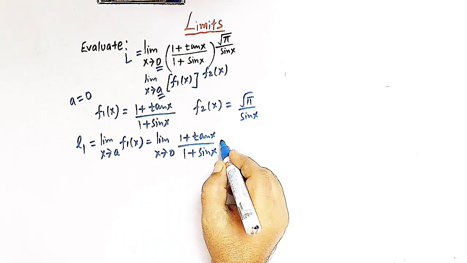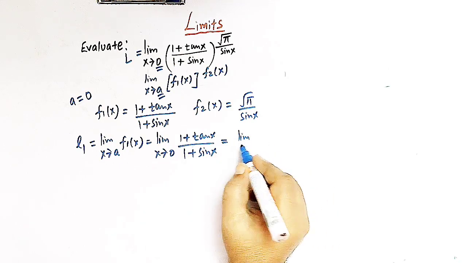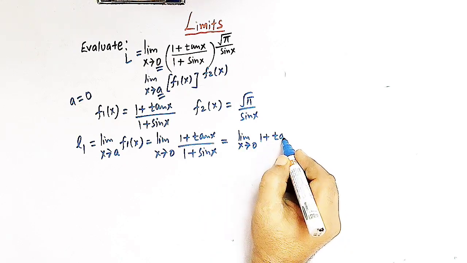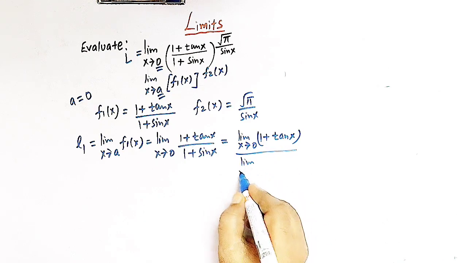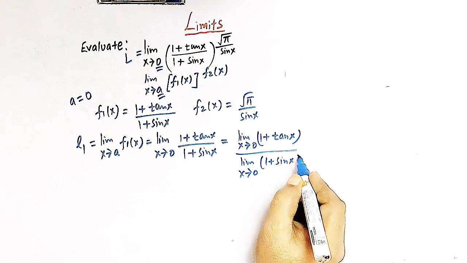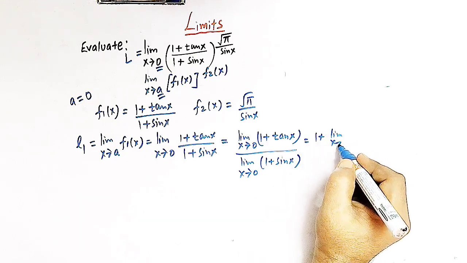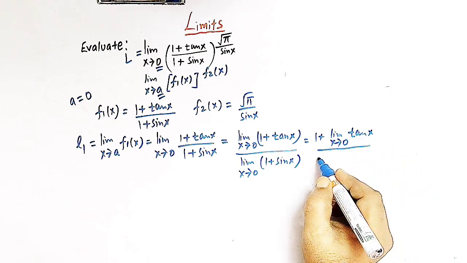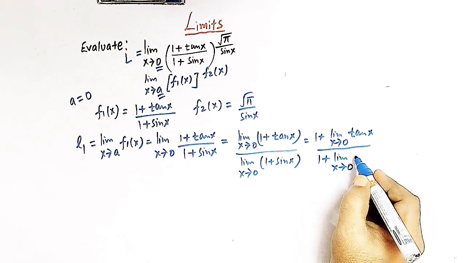Now this limit can easily be evaluated, because we can write limit x tends to 0 of 1 plus tan x, over limit x tends to 0 of 1 plus sin x.